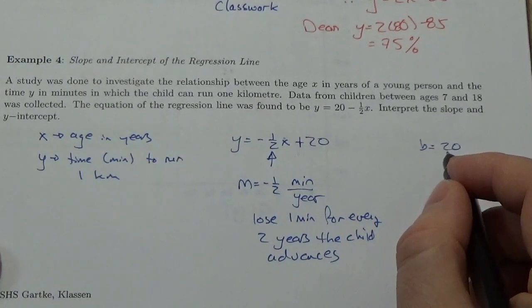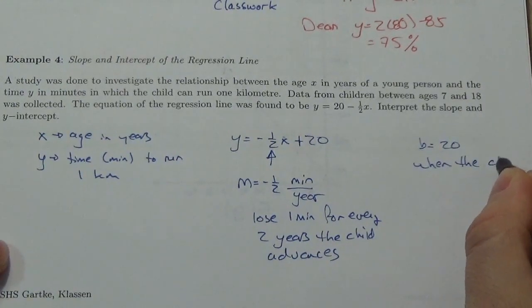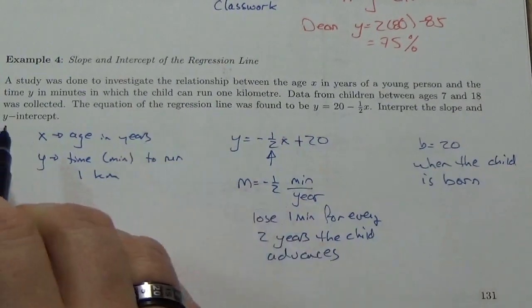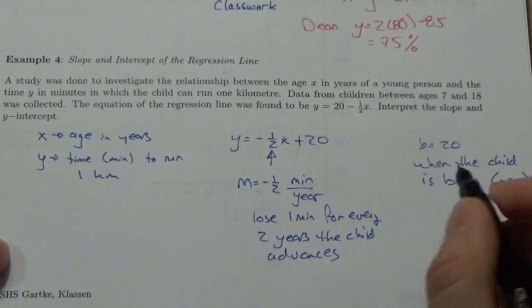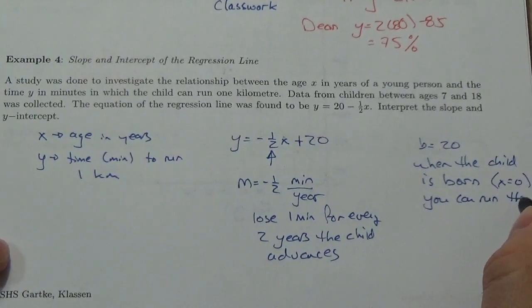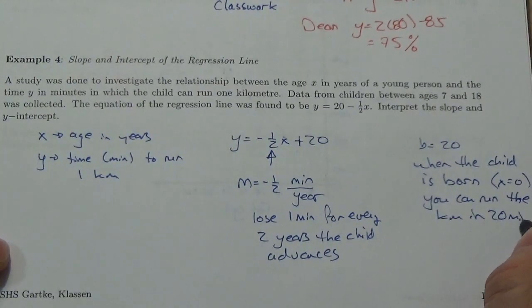So this means when the child is born, so you're 0 years old, so x is equal to 0, you can run the kilometer in 20 minutes.